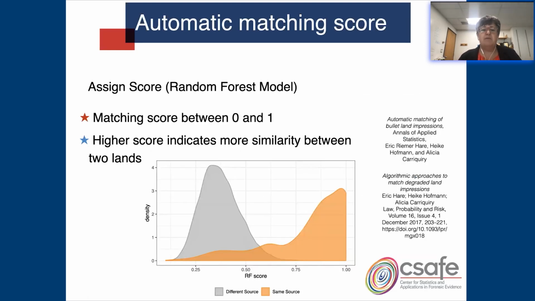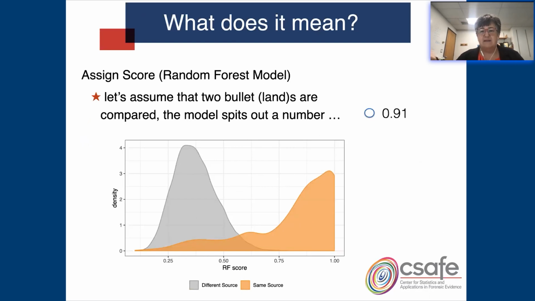So now assume that we've got a new land-to-land comparison, and assume that the score is 0.91. So what does that mean now? Given that we've got our training data, based on the training data we can estimate these curves along the random forest score.